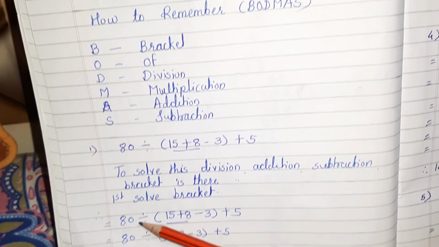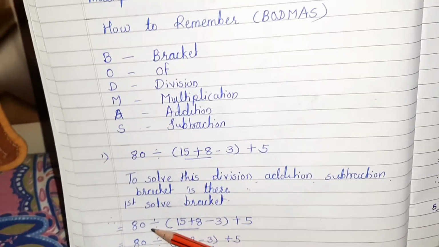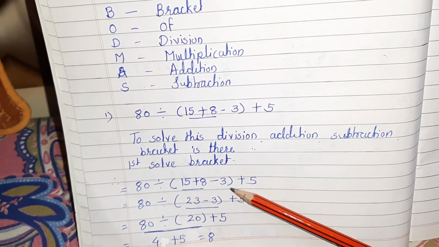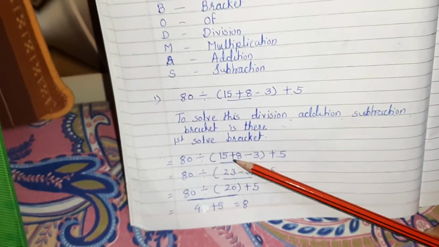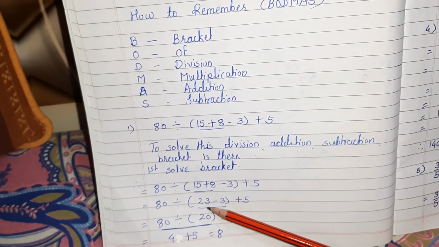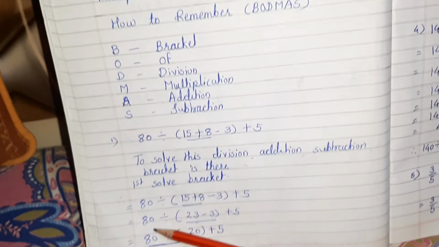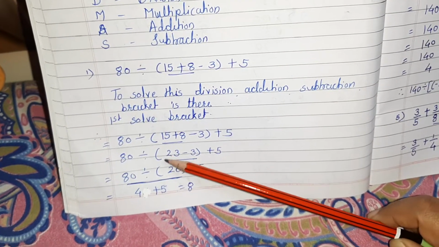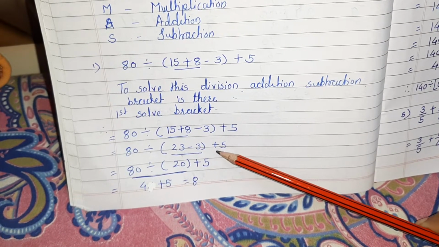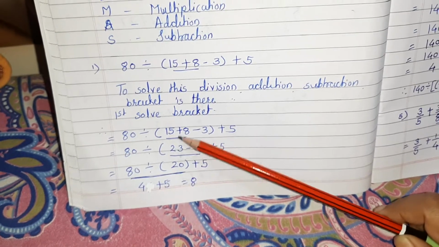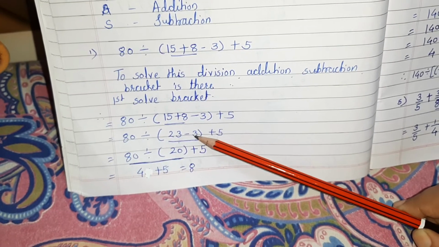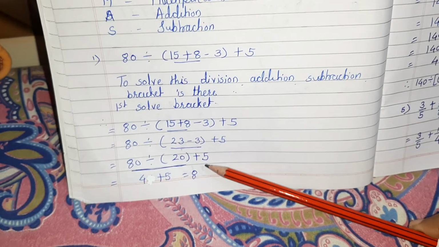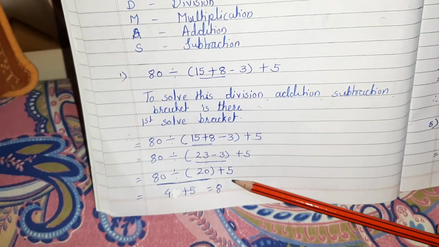So here the question starts. 80 divided by, inside the bracket, 15 plus 8 minus 3, bracket complete, plus 5. So 15 plus 8, how much is the answer? That is 23. Okay, so 80 divided by, inside the bracket, 23 minus 3, plus 5. So 80 divided by, what is the value of 23 minus 3? 20. Because bracket should be solved first. So 80 divided by 20 plus 5. Now two operations are there.